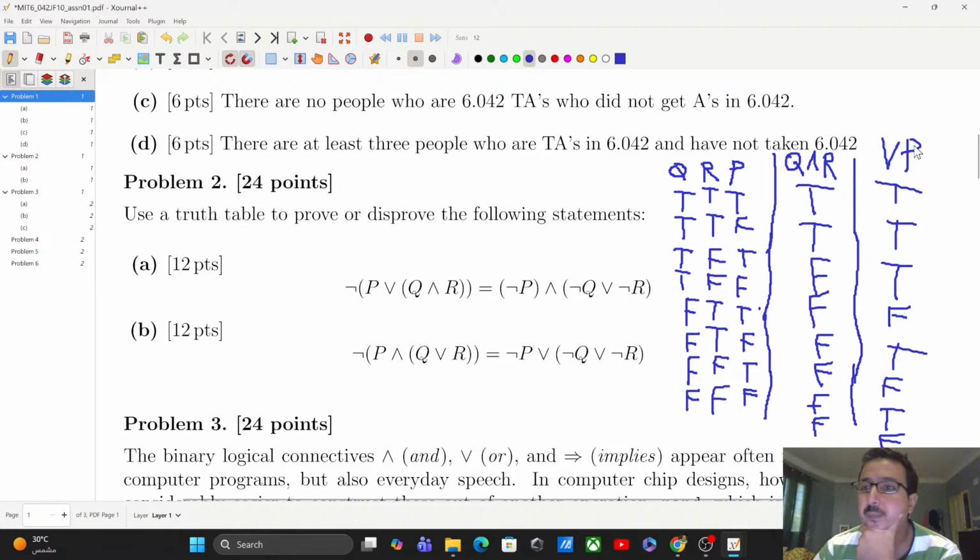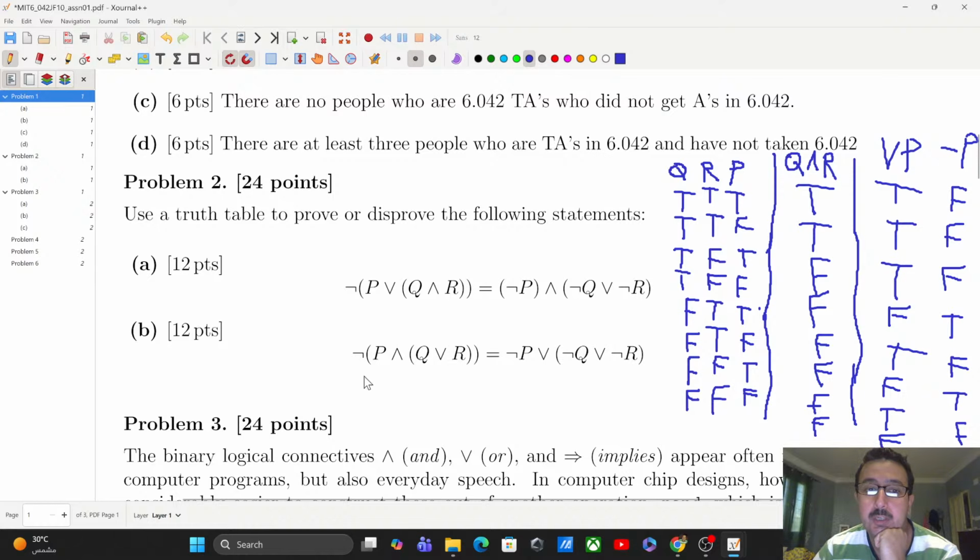Okay. Not P. Just have to flip them. I got false, false, false, true, false, true, false, true. Okay, is this equal to not Q, not R?